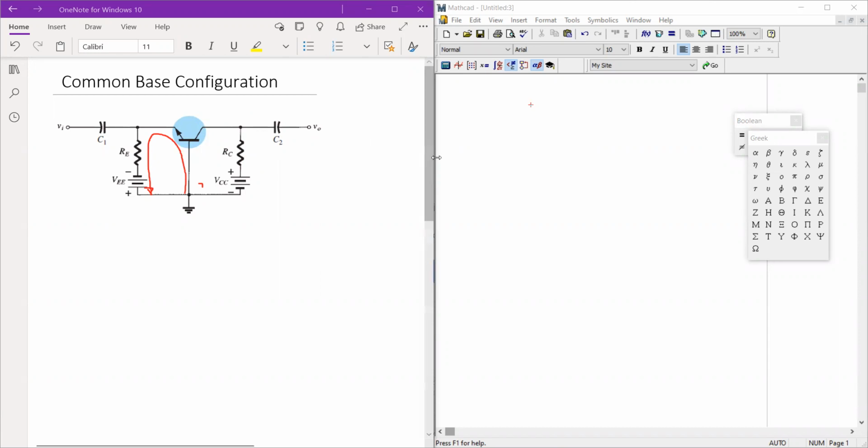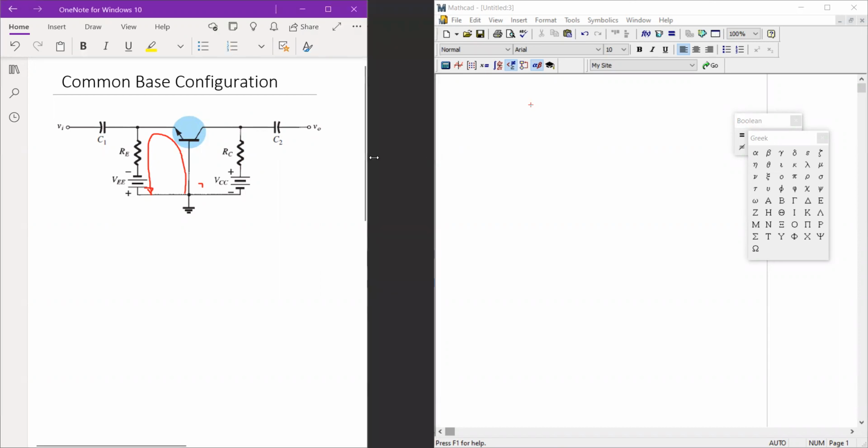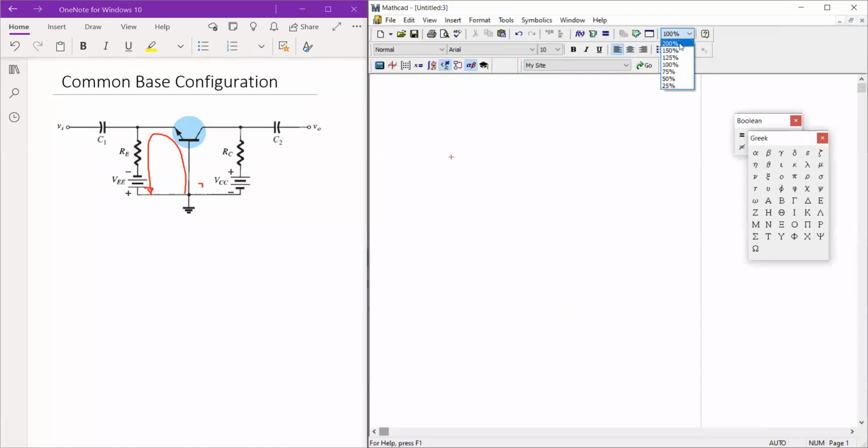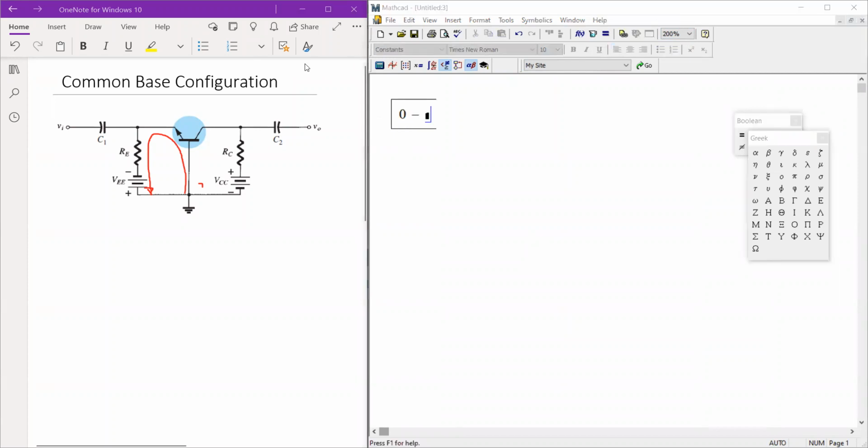let me adjust our screen to give more space to our equations. Following that loop, you can see that we will start with 0 minus, so zero minus the voltage on this junction. So that's VBE. And minus the voltage across RE. So that's VRE.